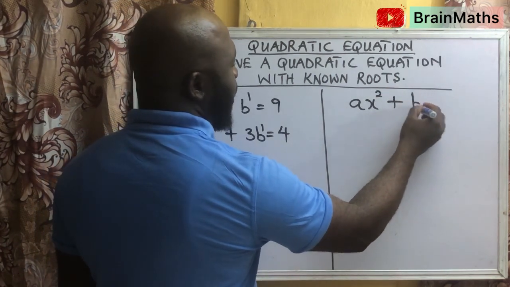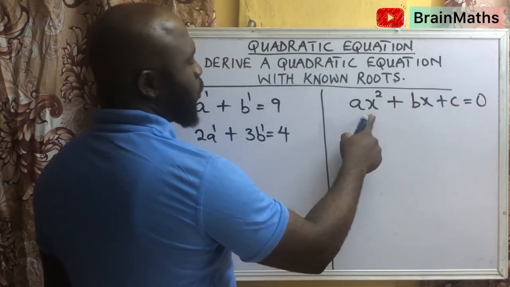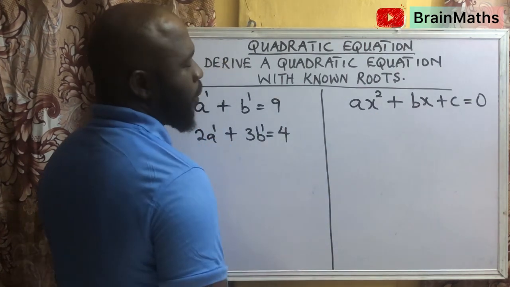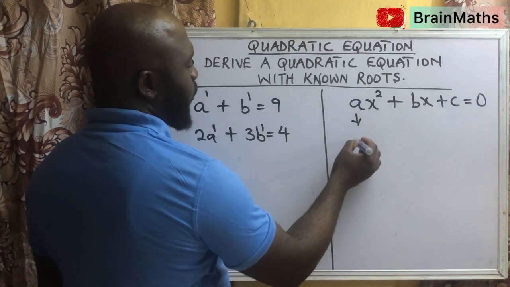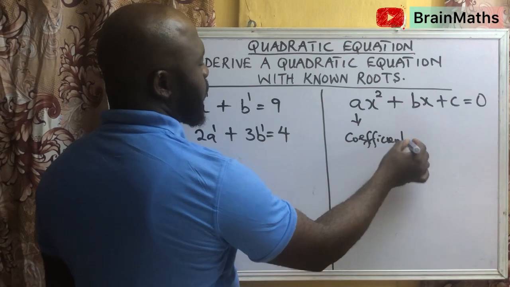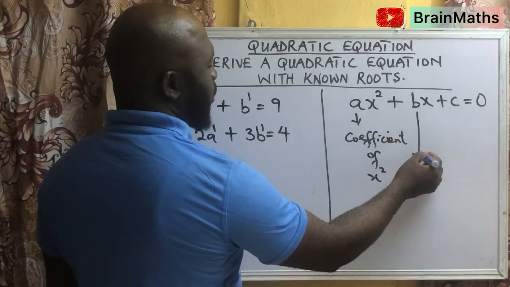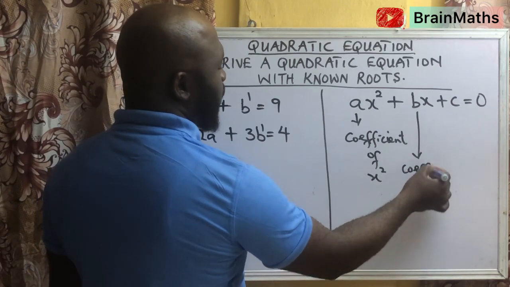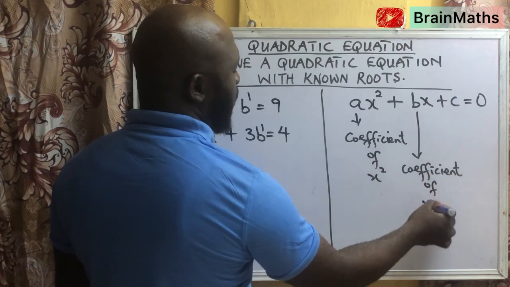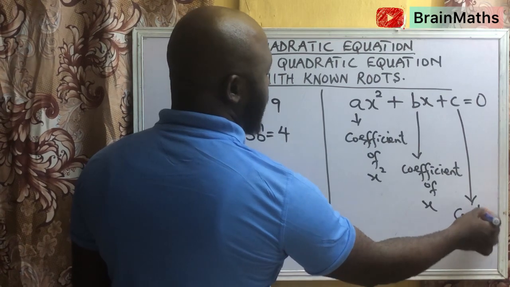The general form of any quadratic equation is usually ax squared plus bx plus c equals 0, where a is the coefficient of x squared, b is the coefficient of x, and c is a constant.